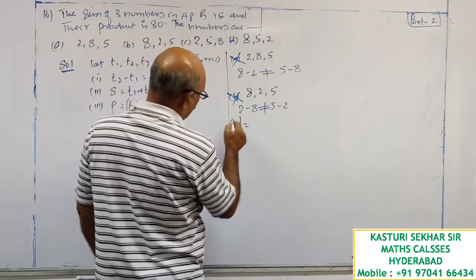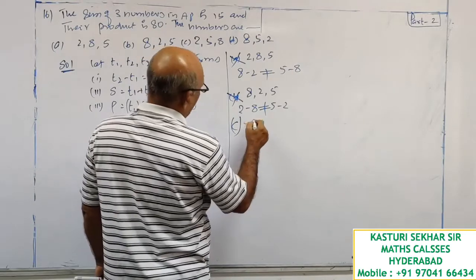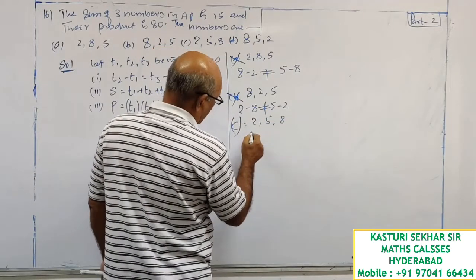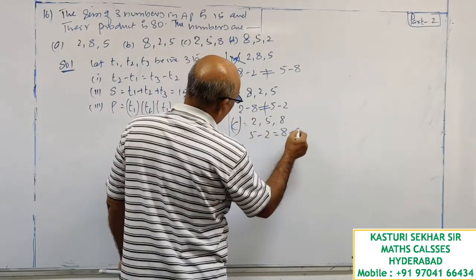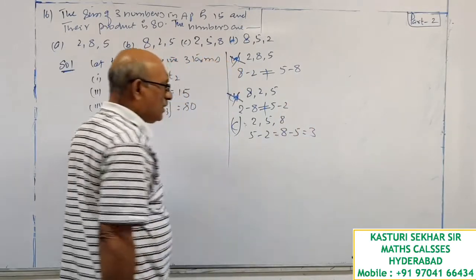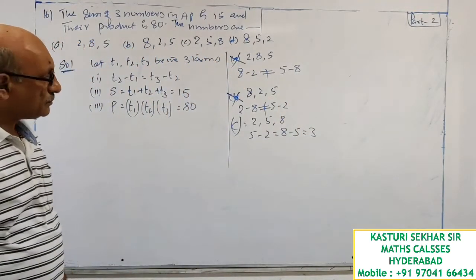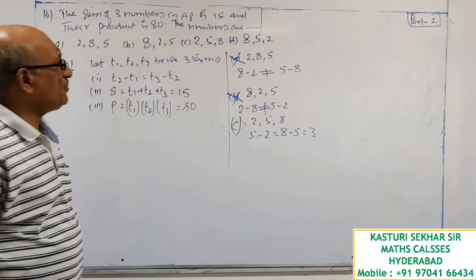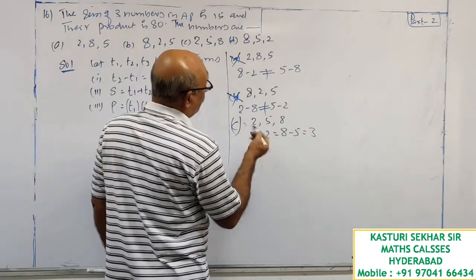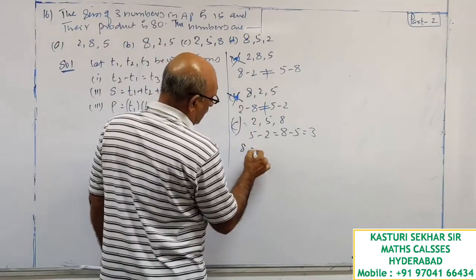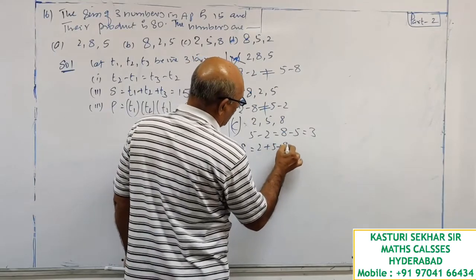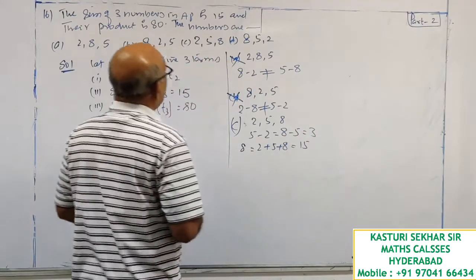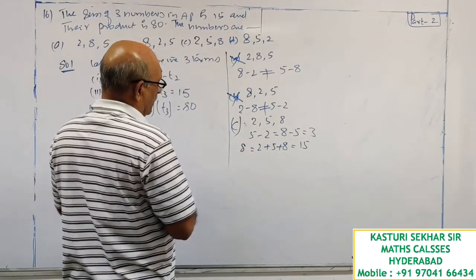Option C 2, 5, 8. 5 minus 2 is 3, 8 minus 5 is 3. Common difference is 3. So first condition is satisfied. Sum is equal to 2 plus 5 plus 8, 15.